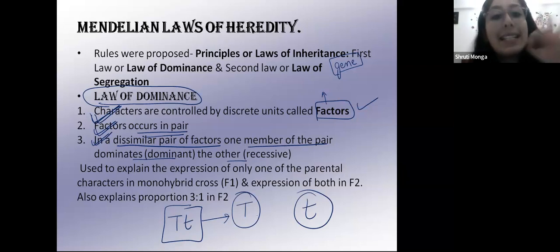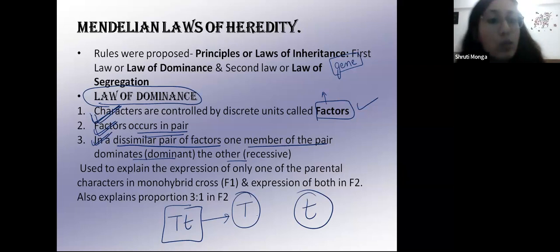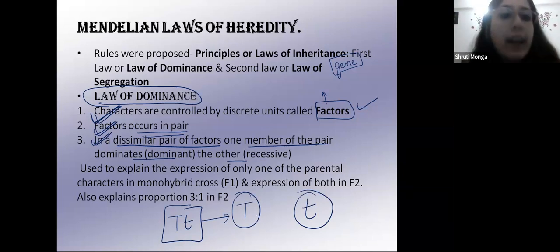Everybody, please write it down as it is. When you are asked to state a law, don't modify it, don't change it, because these are the direct statements given by Mendel and it's a law. So we cannot add our sentences to it. Just state them directly.